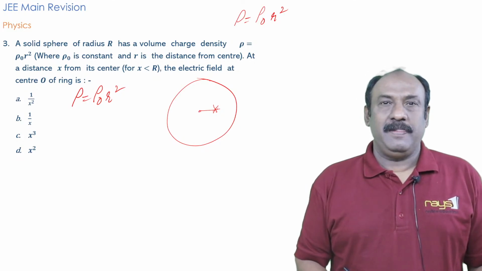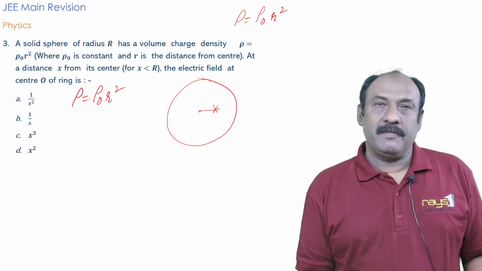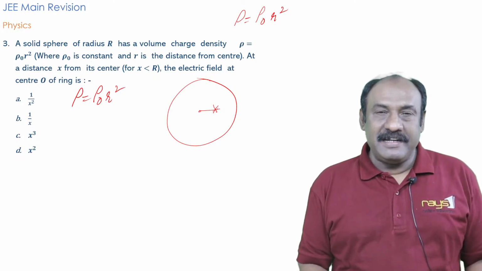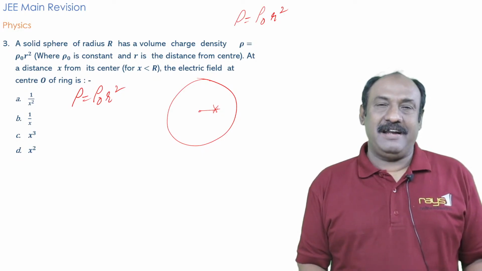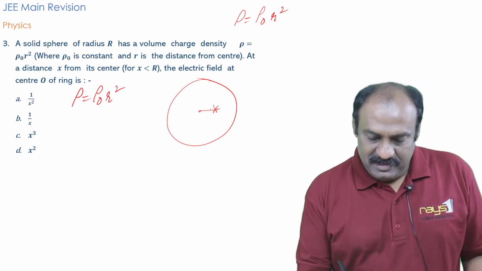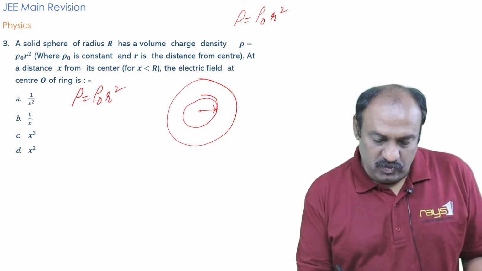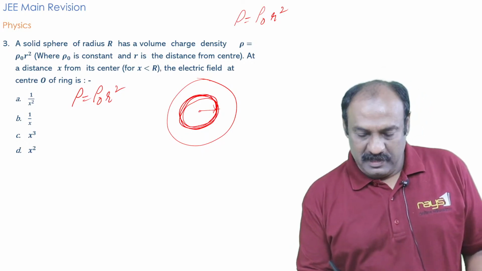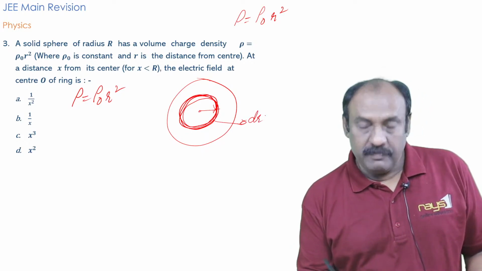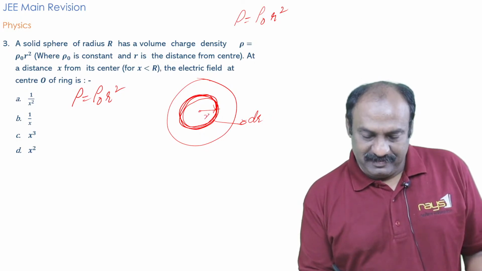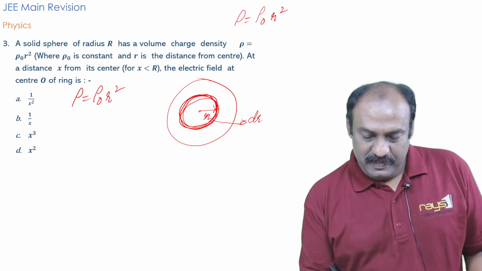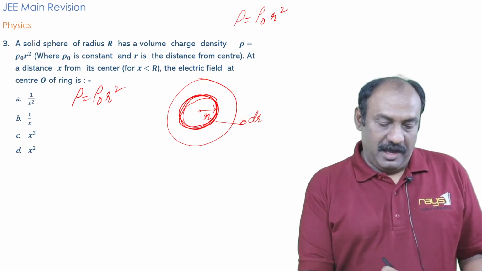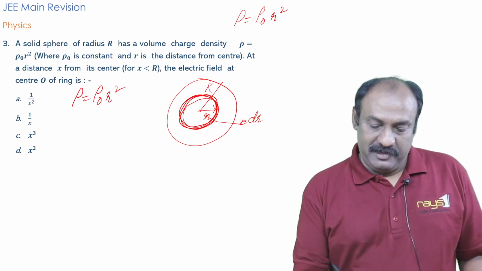So a variable amount of charge is contained in the concentric rings imagined. So I considered one hollow sphere of thickness dr at a distance small r from center of the solid sphere of radius capital R.